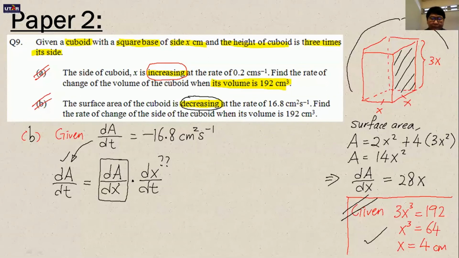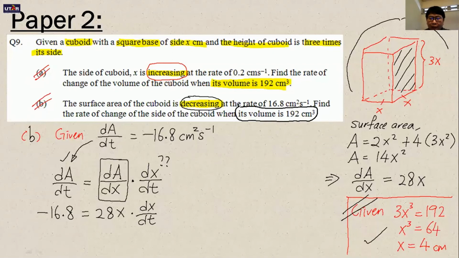Then substitute into here. The first one is negative 16.8. dA over dx is 28x. Then I want to find dx over dt, the rate of change for the side x. So what is x here? According to the volume of 192 centimeter cube, x should be equal to 4.